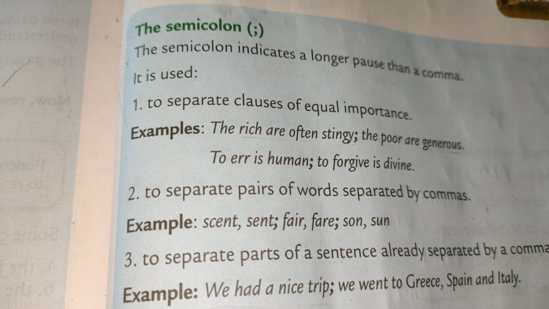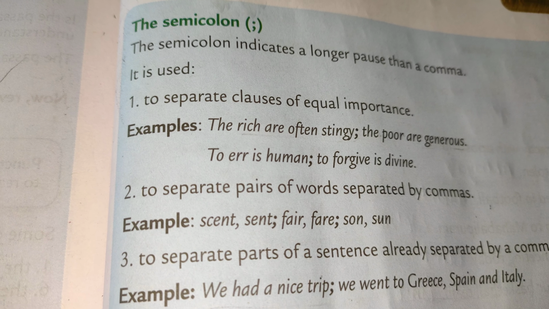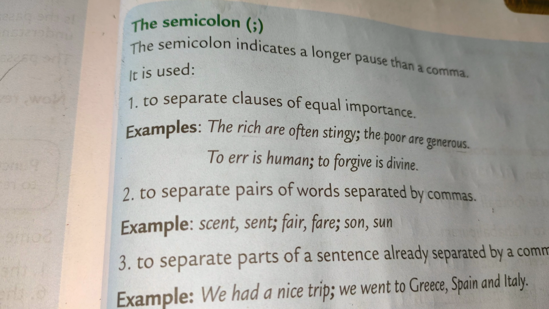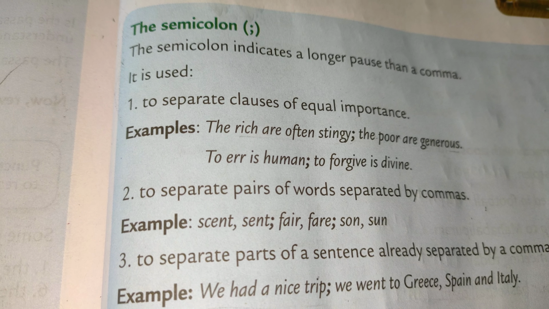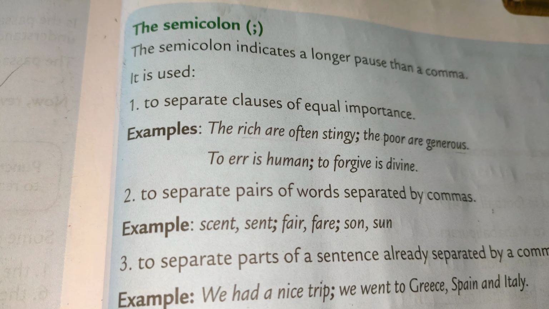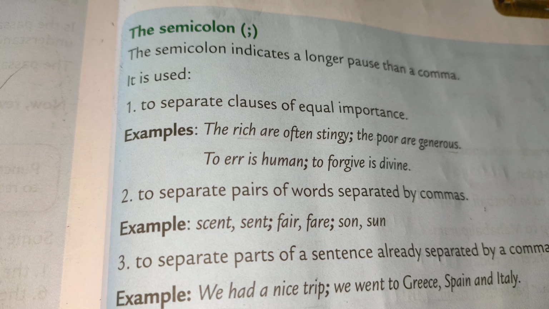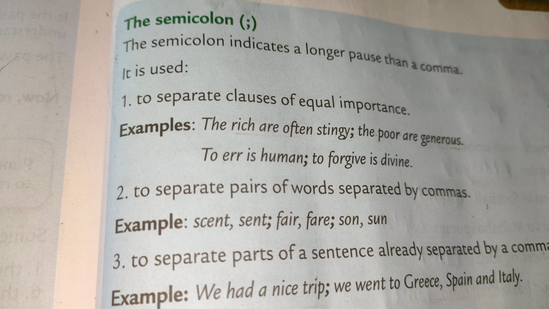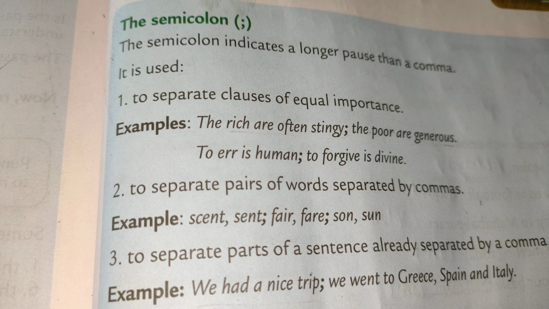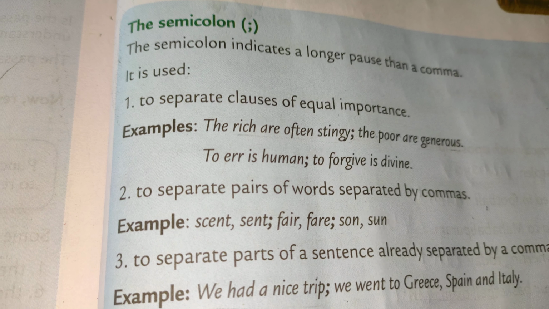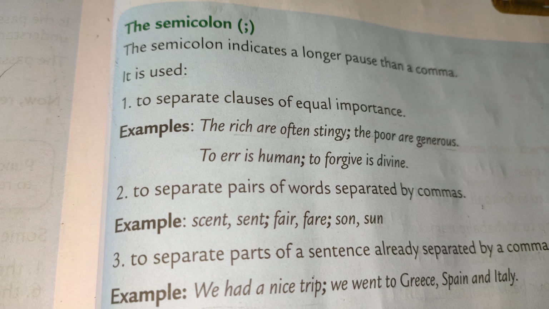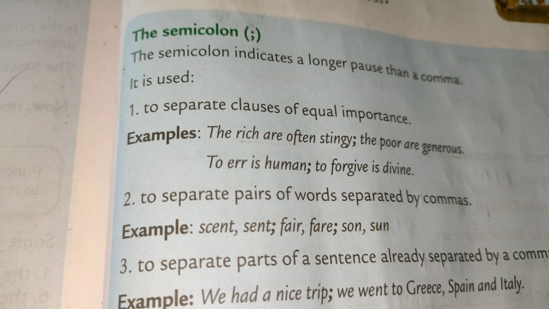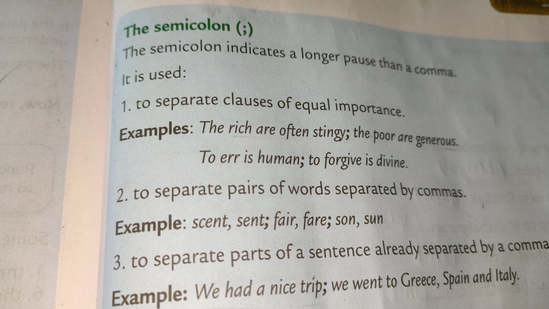If you see in this sentence, these two clauses are dependent on each other. That means if we have to give a meaning out of this, then these two are dependent on each other. These two clauses, though they are independent, are still dependent on each other, because they are completing the meaning of each other.